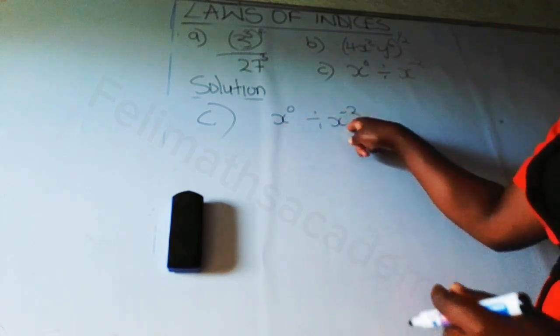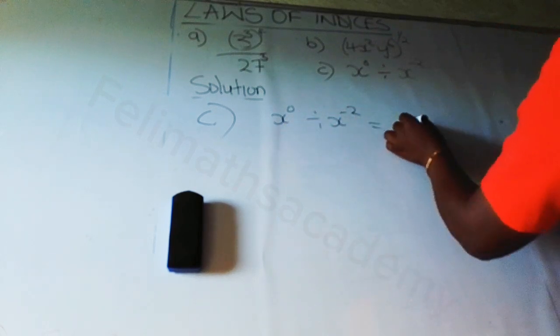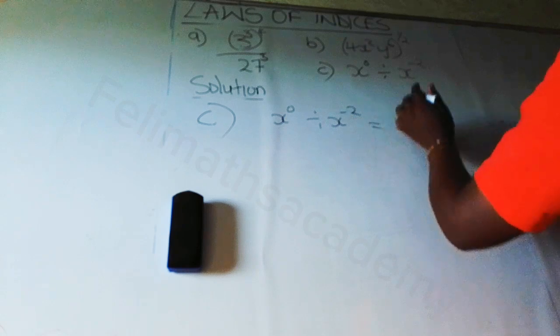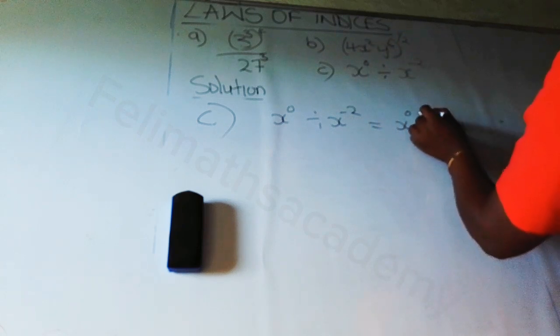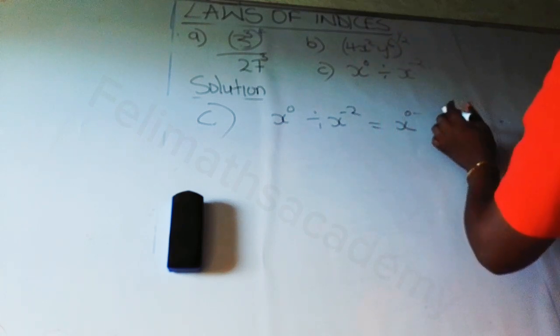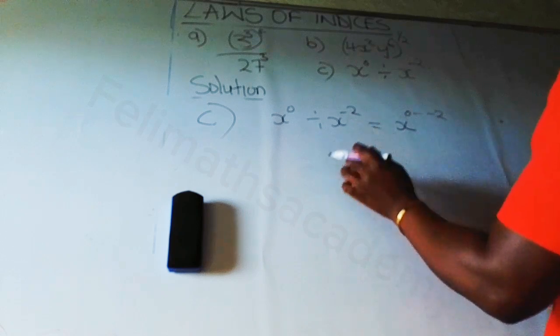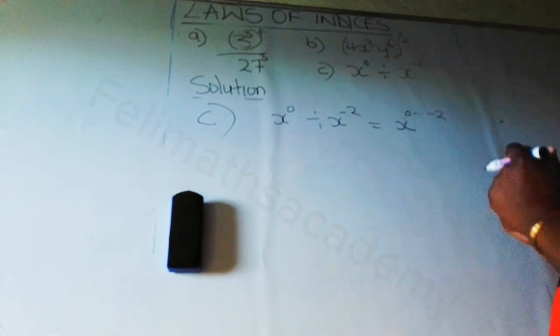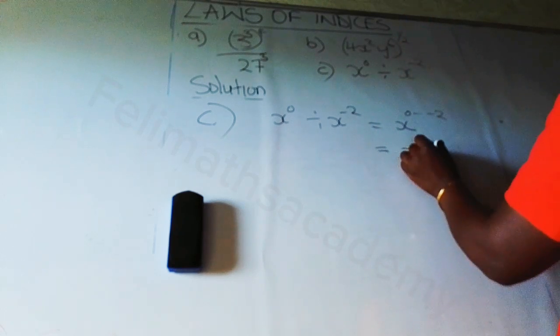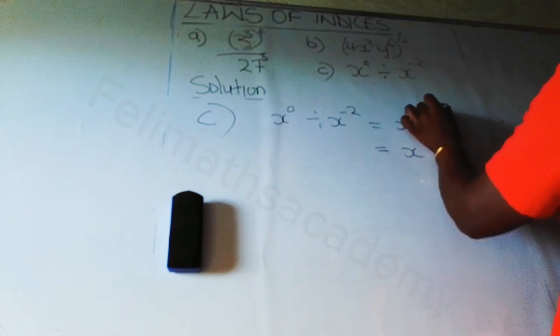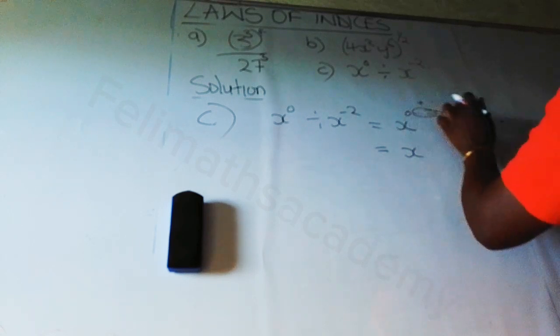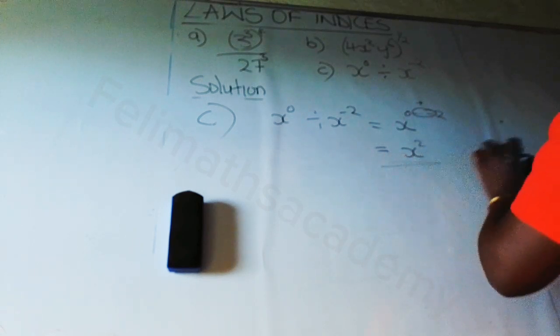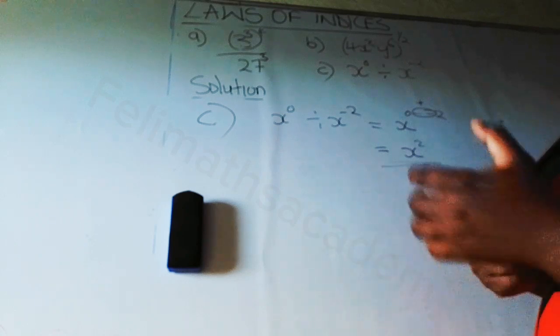The bases are the same, and we are dividing, so we subtract the powers: 0 minus negative 2. The negative and the negative make a positive, so 0 plus 2 is 2. So it simplifies to x squared.